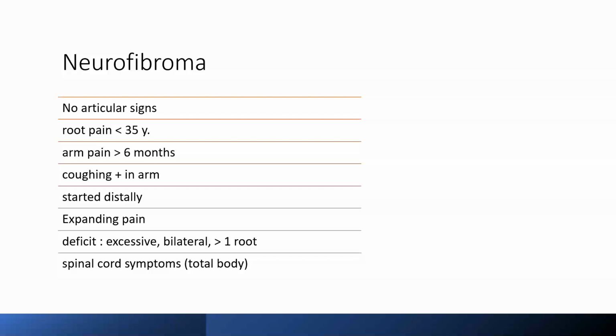Coughing is painful in the arm. The symptoms started distally. You have an expanding pain, too much deficit, bilateral deficit, more than one root, perhaps spinal cord symptoms. So when you find a combination of those things, please go for further examination. This is suspicious.